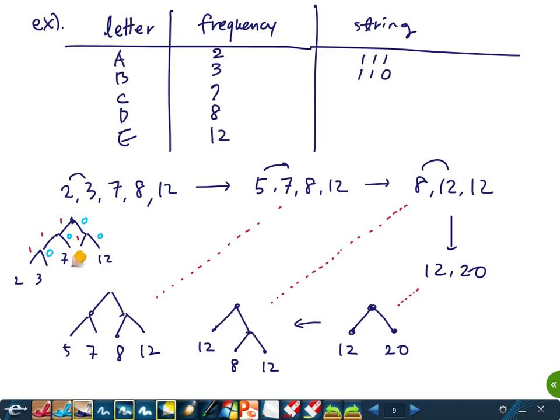And 7, 0, 1, 0. 8, 0, 1. 12, 0, 0. You can see if the frequencies get larger, then the length of the string gets smaller, right?